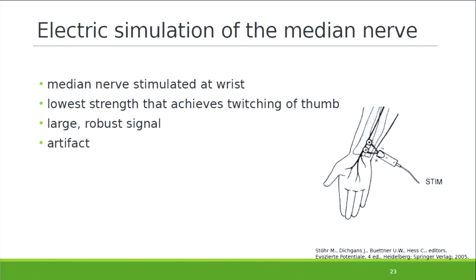Now, in the experiment we had the median nerve stimulated at the wrist, and we used the lowest strength that achieves the twitching of the thumb. The advantage of this experiment is that you get a very large and robust signal, especially early components, but of course you also produce some sort of artifact with this measure.